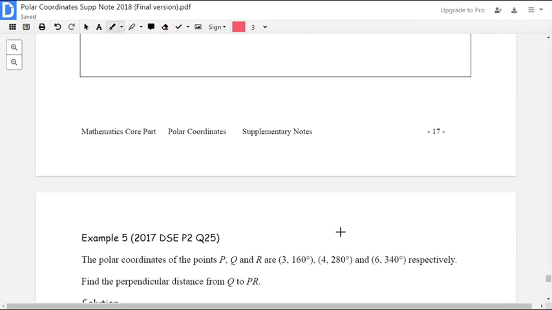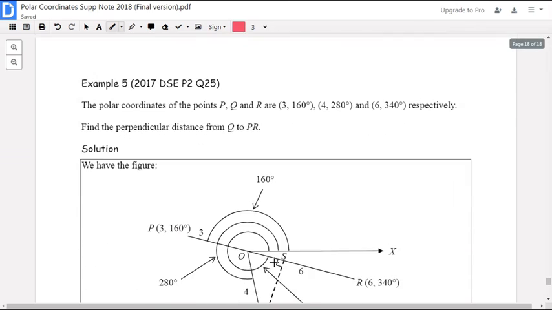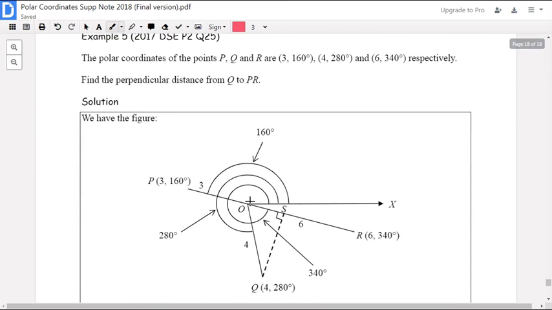Example 5, 2017 DSE, Paper 2, MC question. The polar coordinates of P, Q, R are (3, 160 degrees), (4, 280 degrees), and (6, 340 degrees) respectively. Find the perpendicular distance from Q to PR. Again, no figure is given to you. Draw a rough figure by yourself.